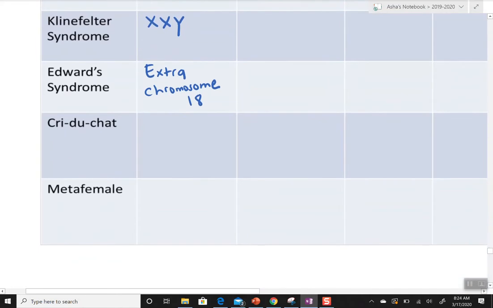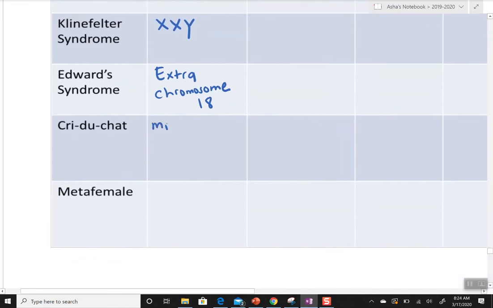Cri-du-Chat is when you have a missing piece. We did speak about for chromosomal mutations, you could have a missing piece of chromosome 5.